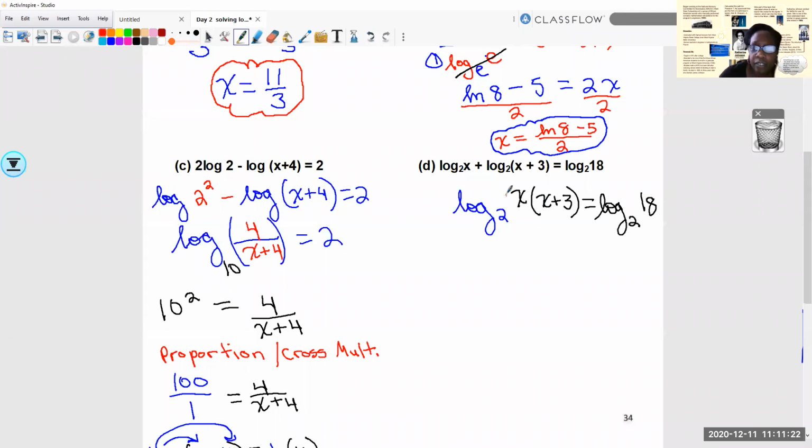If you have log base 2 on the left and log base 2 on the right, it has to be there, which it is. We can cancel these out, because they are equal. And then we can actually go ahead and multiply, which is x squared plus 3x equals 18, only if there's the same log base 2, or whatever it is.